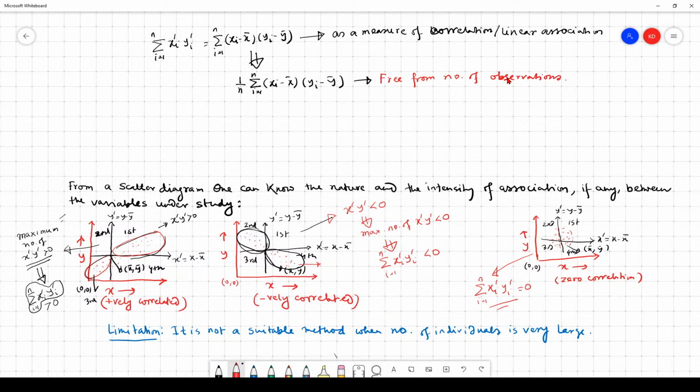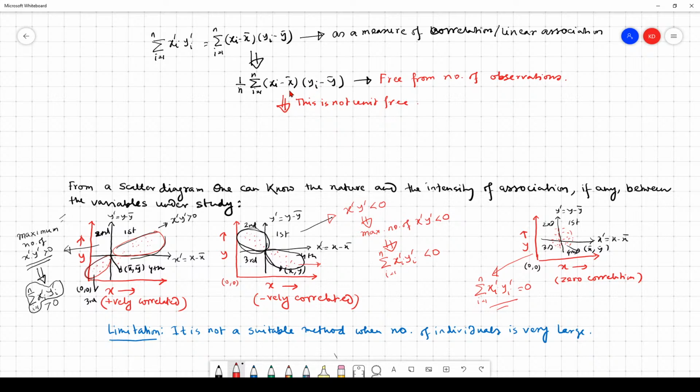But again there is a problem, because this is not unit free, because it has a unit, and this is called product unit, because it involves the unit of x and the unit of y.